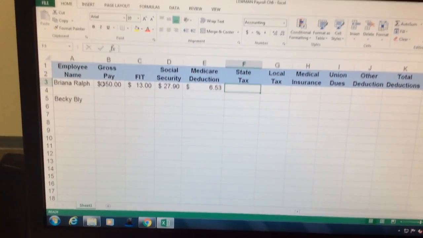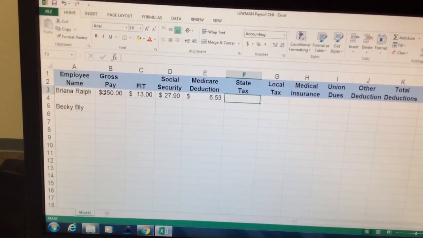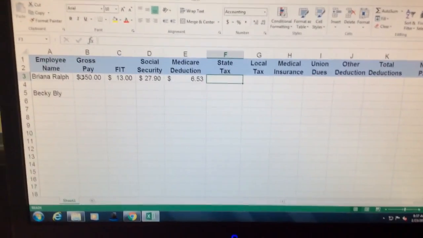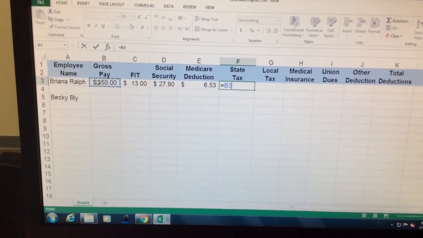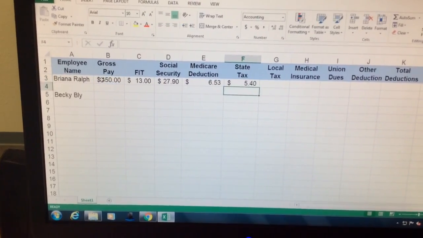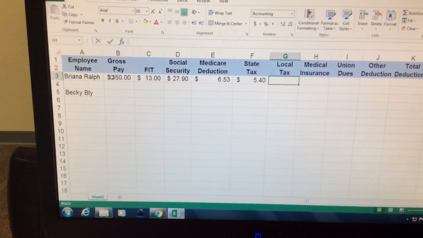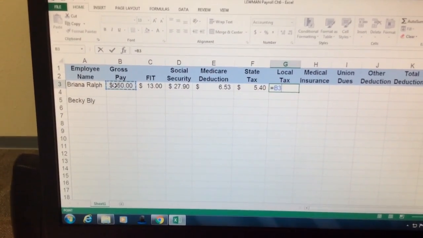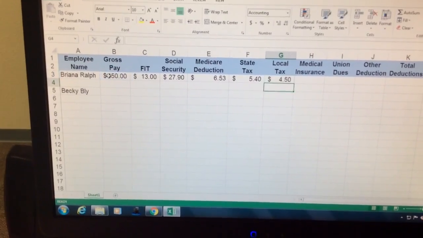State tax in this particular problem, it says the state tax rate is 1.2% of the gross pay, so it's equal to gross pay times 0.012 for 1.2%. The local tax is equal to gross pay times 0.01 or 1%.